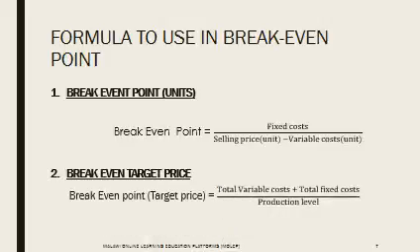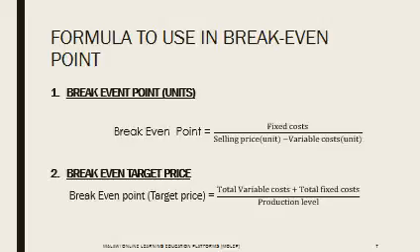The formula used is: break-even target price is equal to total variable costs plus total fixed costs over production level. So you need to calculate all the variable costs, not variable cost per unit, but total variable cost. The production level is like your capacity, how much you have produced. So these are the most important formulas to use to find the break-even point.